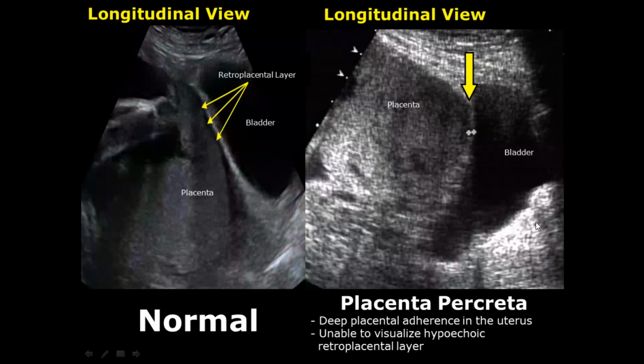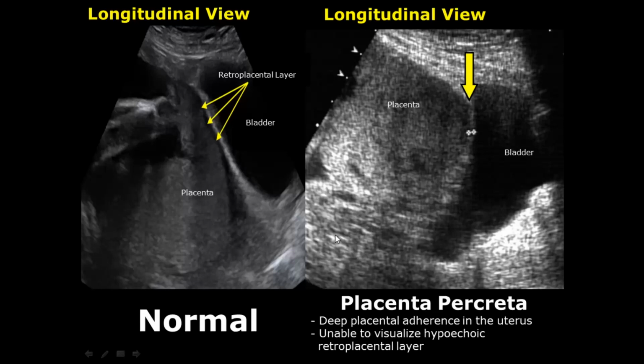Now we move on to placenta accreta. It is the abnormally deep adherence of the placenta in the uterus. It has three types based on its severity. The mildest form has the same name, placenta accreta.